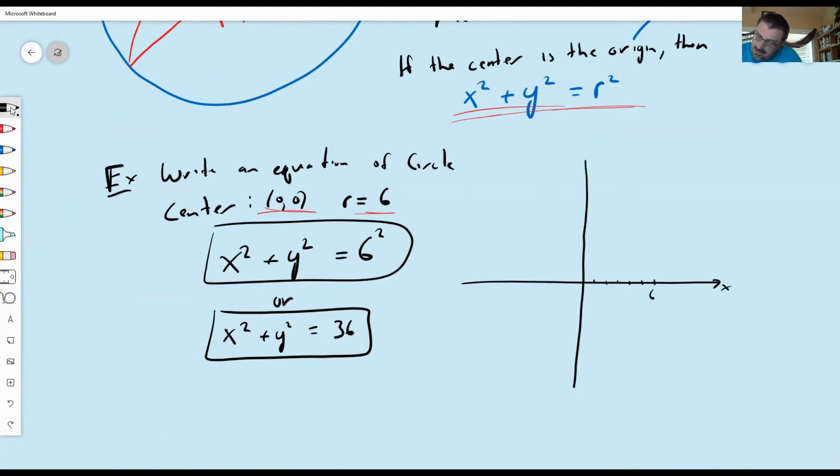Let's see, x, y. 1, 2, 3, 4, 5, 6, minus 6. One, 2, 3, 4, 5, 6. 1, 2, 3, 4, 5, 6. All right.